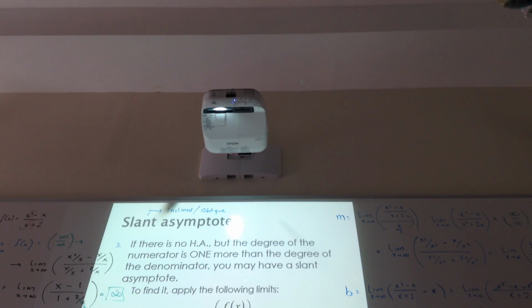So, yes, again. Simplify. Minus 3 over 1 plus 2 over x. So the answer is? This becomes 0. So minus 3.